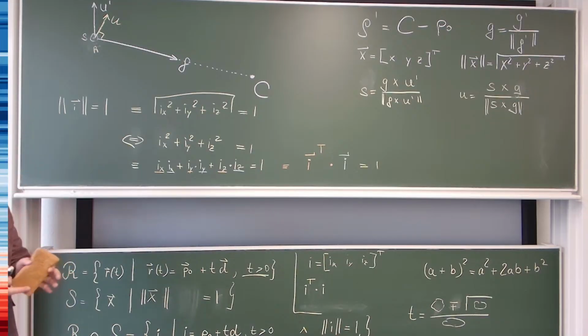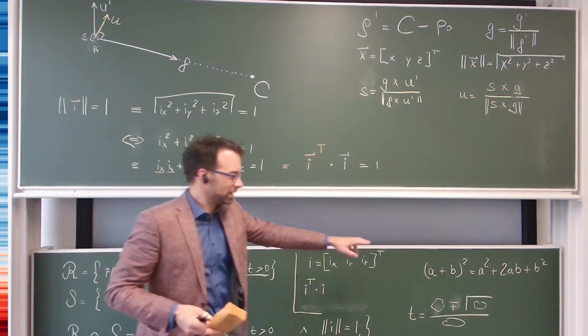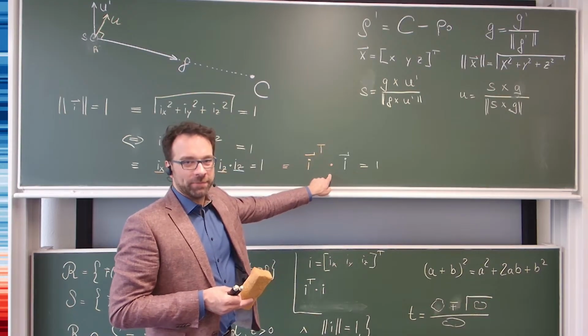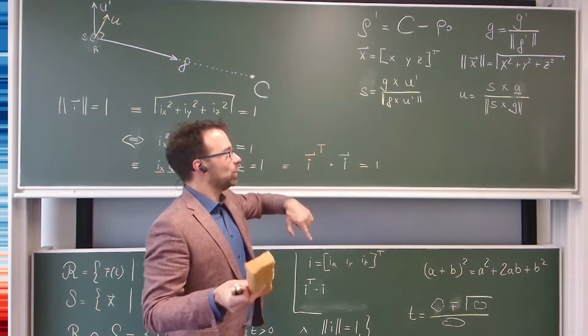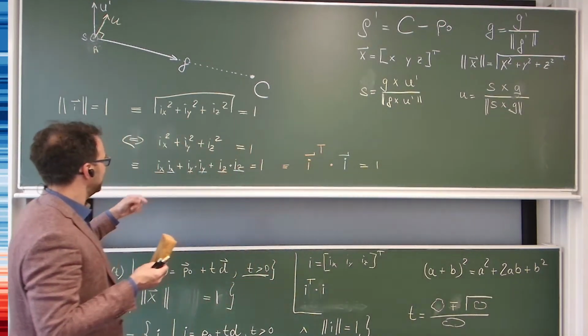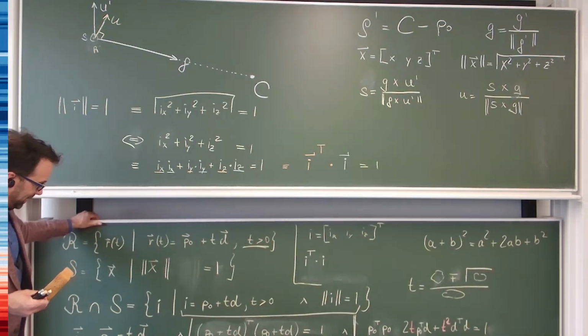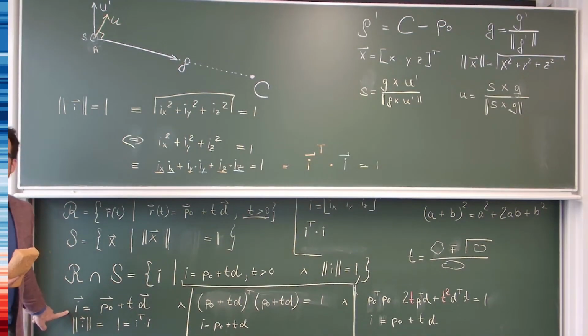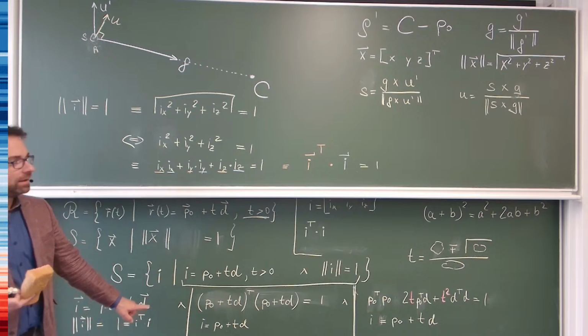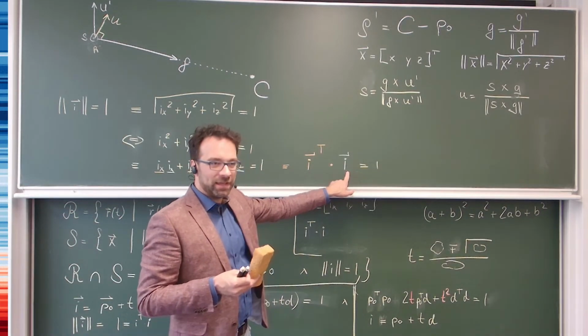And then, coming back to this thing, that pretty much looks like the square of I. I can't square vectors, but since I need to put this equation in any way, that is I equals P0 plus TD, I put it in here, I put it in here.